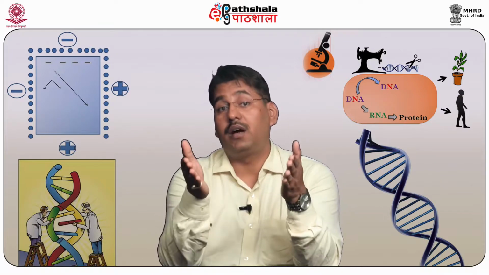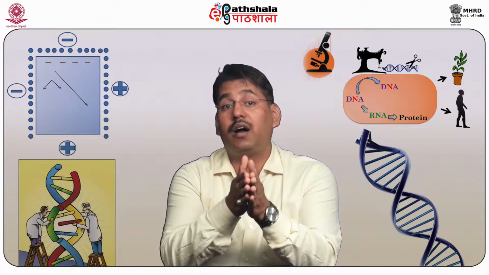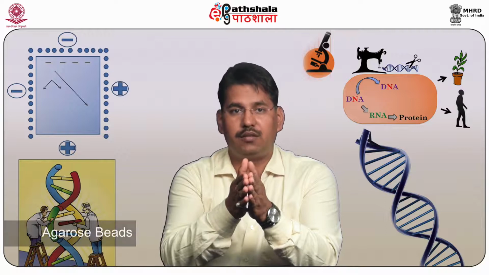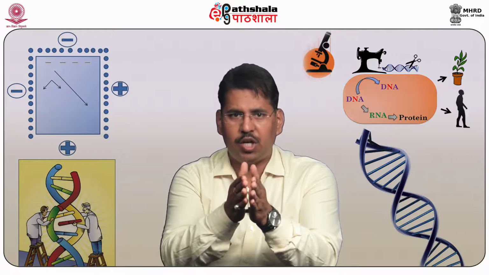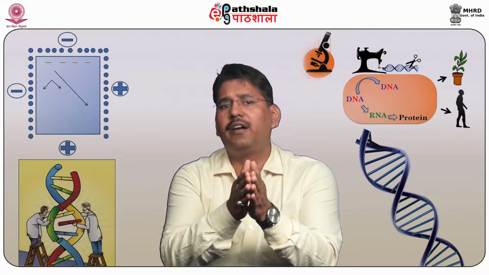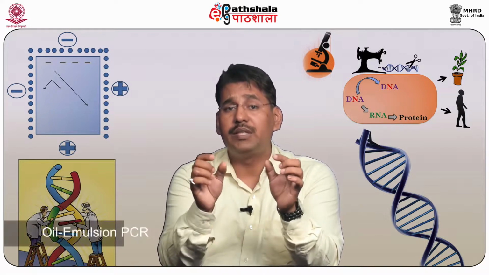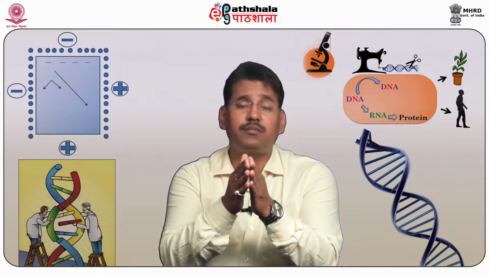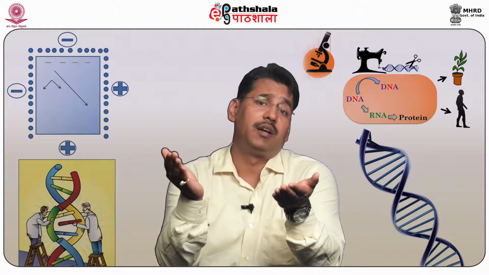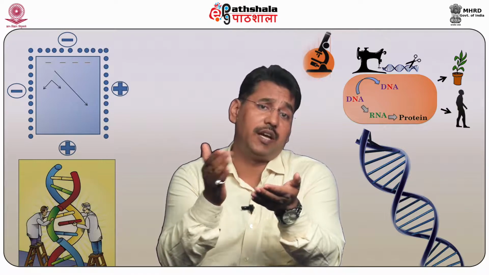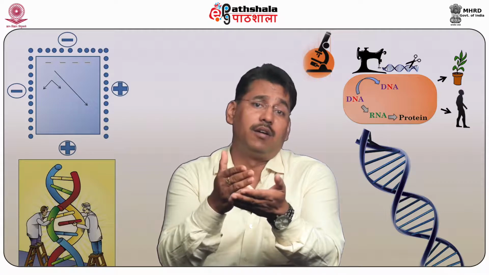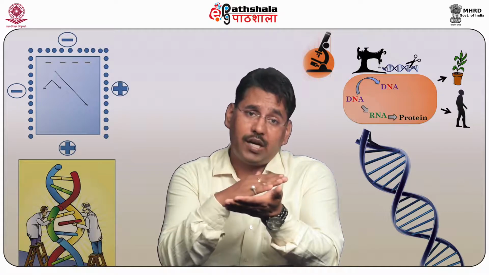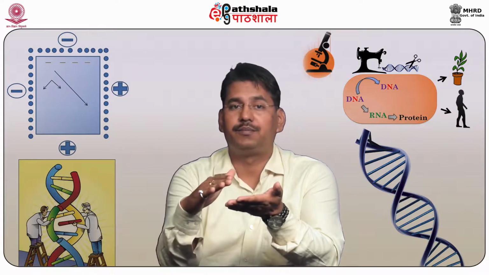The adapter attached molecules are then attached to agarose beads. The bead captured DNA molecules are amplified using oil immersion PCR. The amplified bead captured DNA is anchored to a glass slide and flooded with fluorescent labeled nucleotides.